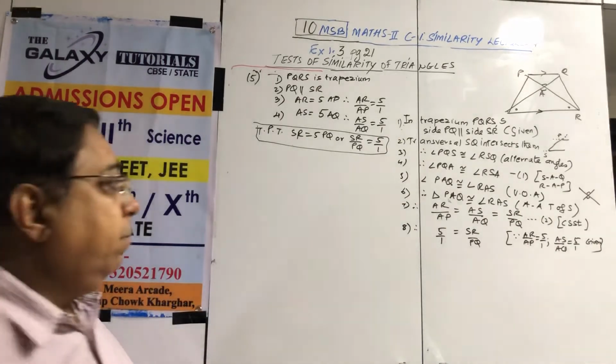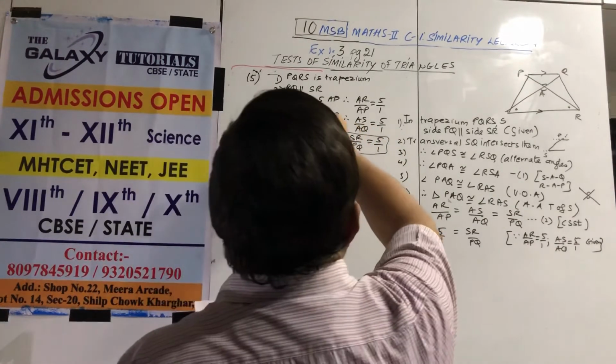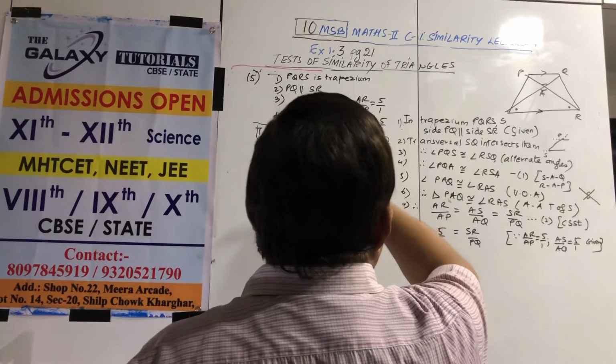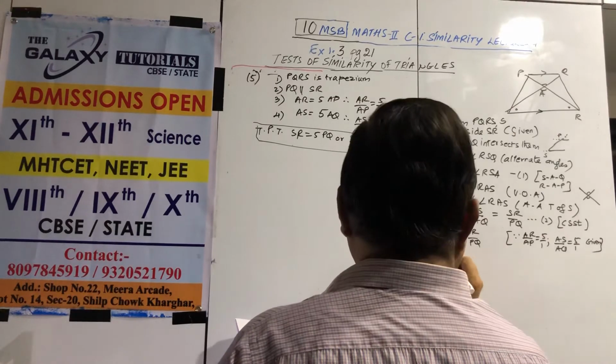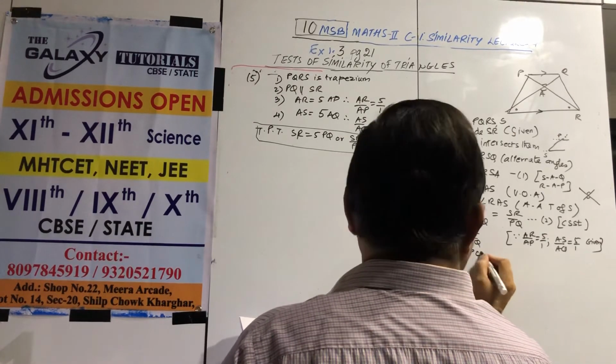See, my friends? But this is not what they asked. They have asked us to show that it is 5 times PQ. So we must cross multiply. Therefore, SR is 5 PQ. Hence proved.